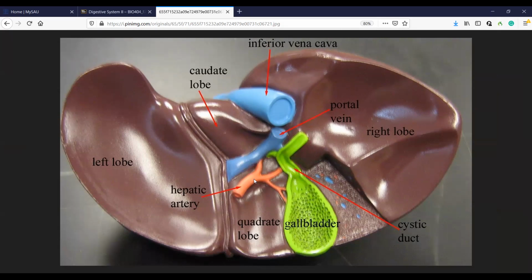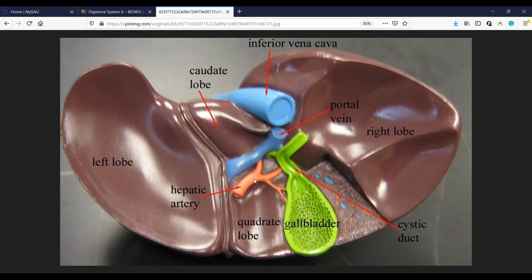Gate to the liver. So it contains the hepatic artery, the hepatic portal vein, and the common hepatic duct. The common hepatic duct in green there drains bile from the liver into the gallbladder.